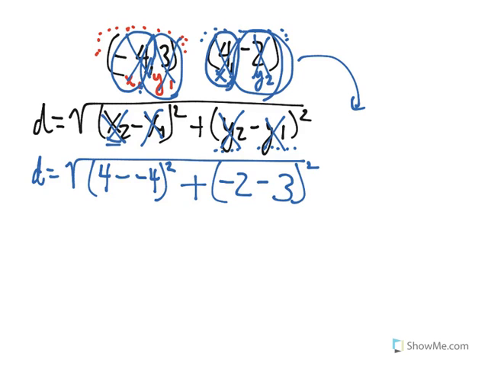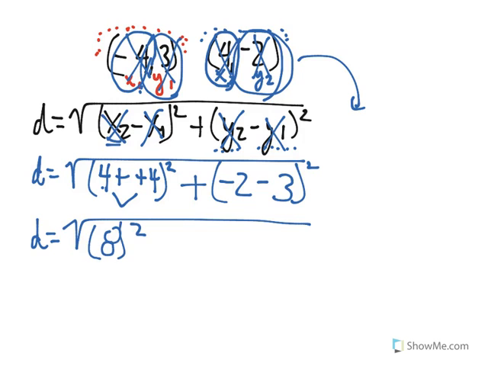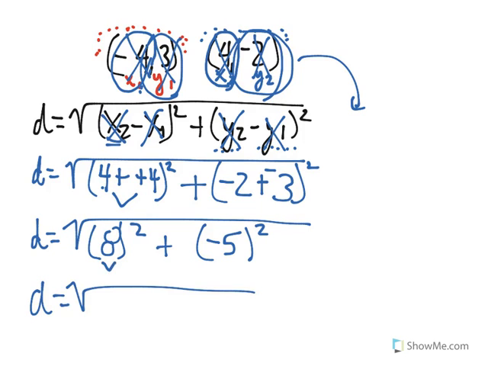I'm going to now do order of operations. Here we go, parentheses first. 4 minus -4, which is now 4 plus +4. 8 to the second power. Plus -2 minus 3. -2 plus -3 is -5 squared. Next up, exponents. 8 squared is 64 plus -5 squared.